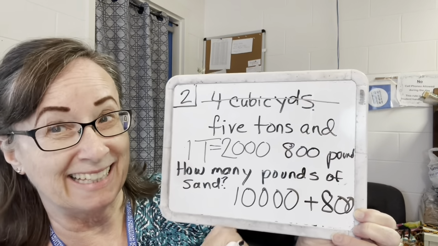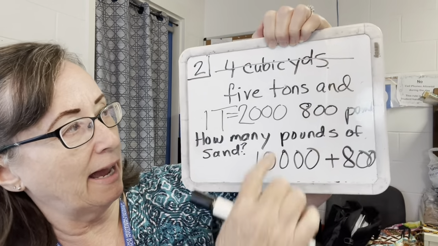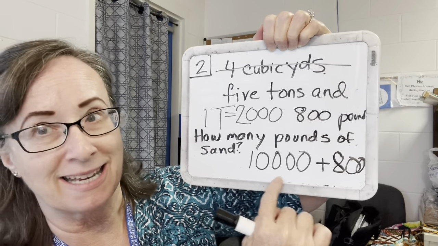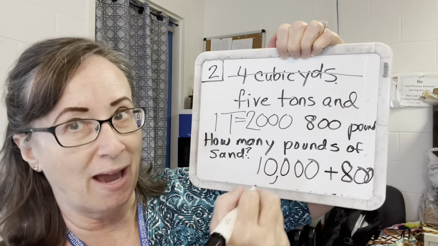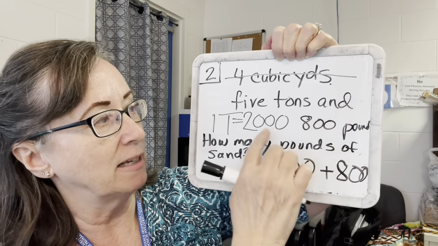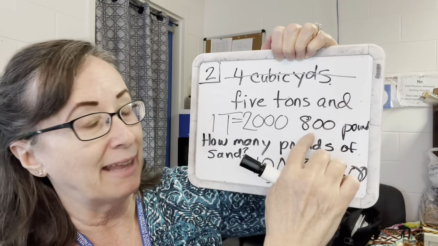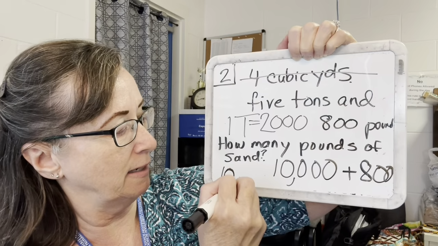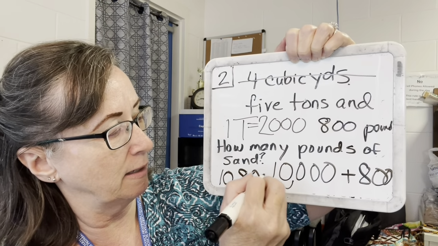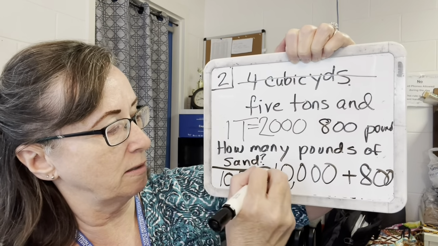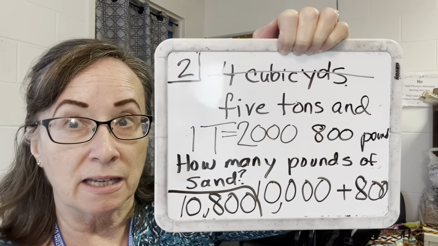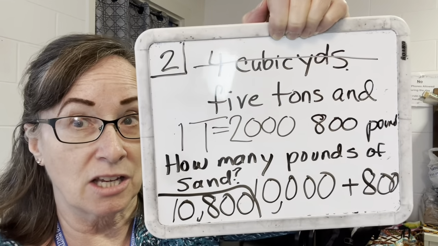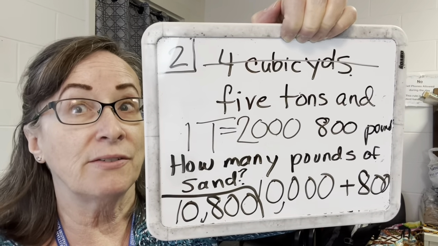So altogether, I have, with the 5 tons, which is 10,000 pounds of sand, and the 800 pounds, which I add to it, I have 10,800 pounds of sand. That's a lot of sand.